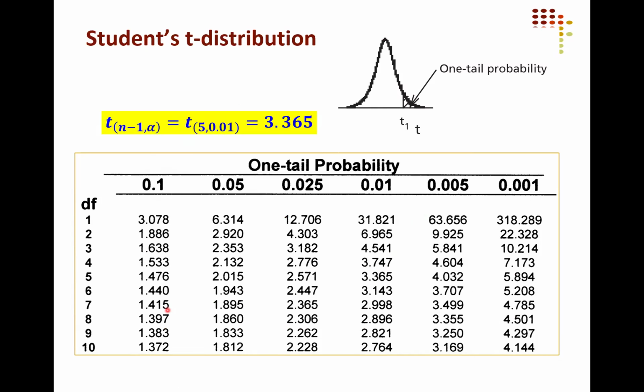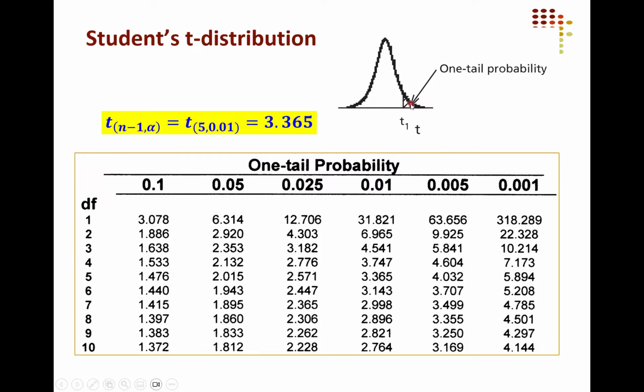This is the t distribution table. This table is given in a slightly different way. So, for example, if we read the leftmost column, here df is written, which is degrees of freedom. So we have its definition. It is n minus 1. And at the top we can read, it is written one tail probability.